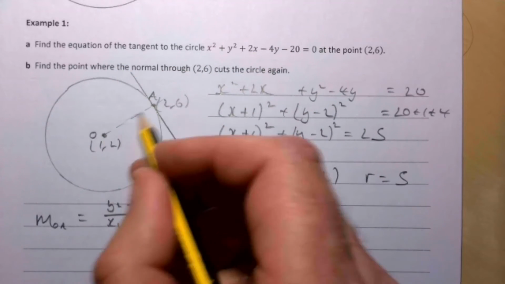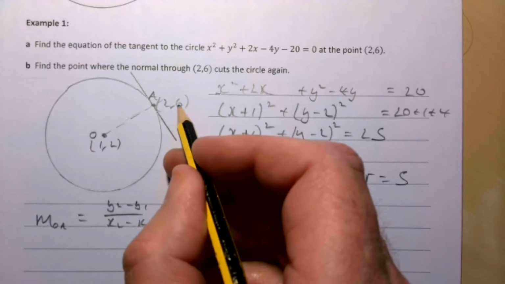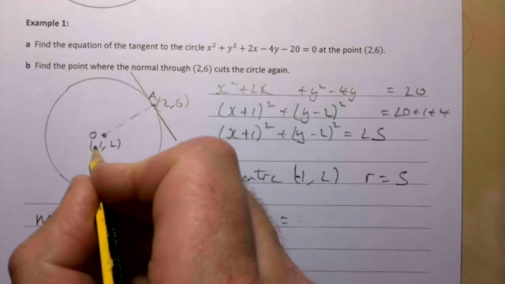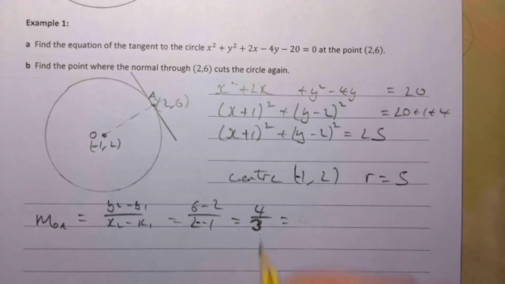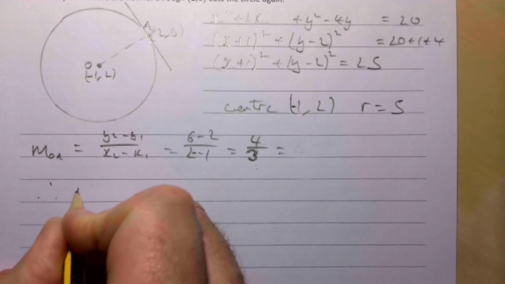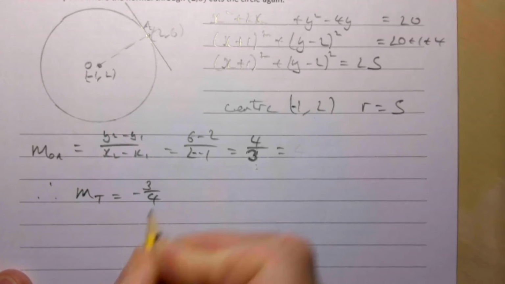So gradient formula then for my point O and A is going to be y2 minus y1, so it's 6 take away 2, that's what I've written here. And then 2 minus -1. So that gives me then 4 over 3. So my gradient of that is 4 over 3. Therefore, the gradient of our tangent is -3 over 4.